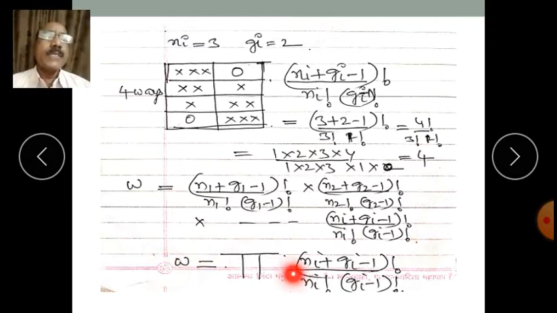Or W is equal to the product of all these terms, that is pi of Ni plus Gi minus 1 factorial divided by Ni factorial into Gi minus 1 factorial.